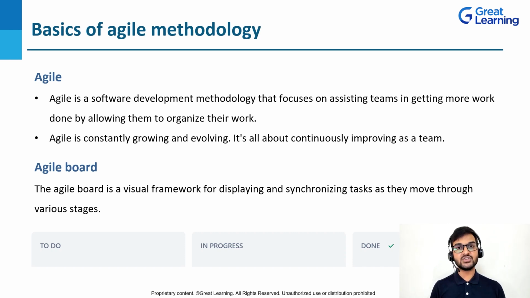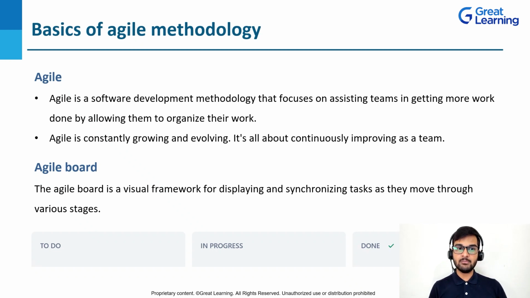As I already mentioned, Jira is generally used by software development teams, and that's why the Jira project management tool is extremely important and essential for project management teams to learn, especially software development teams. And it is always growing, always evolving. It's not a one time activity for a particular project. It's about continuously improving as a team.